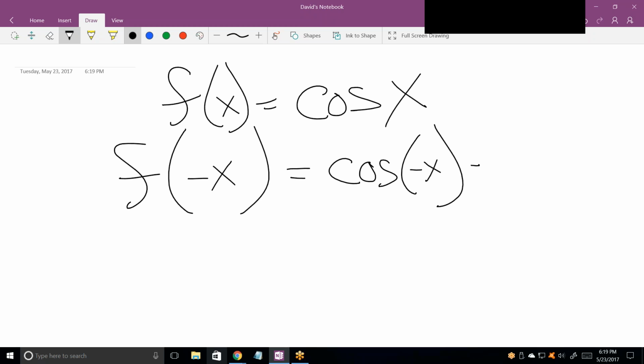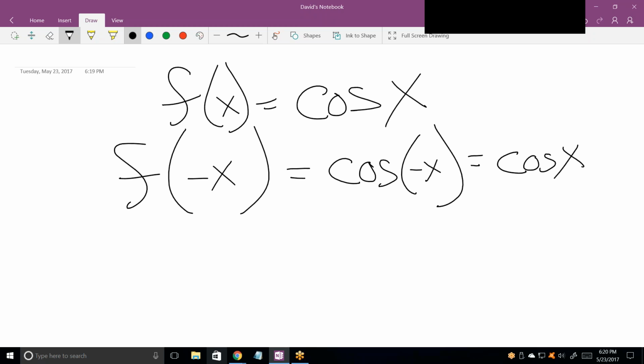What is the cosine of minus x? Think of the fourth quadrant. What's cosine in the fourth quadrant? Positive. So that's the same as cosine of x.